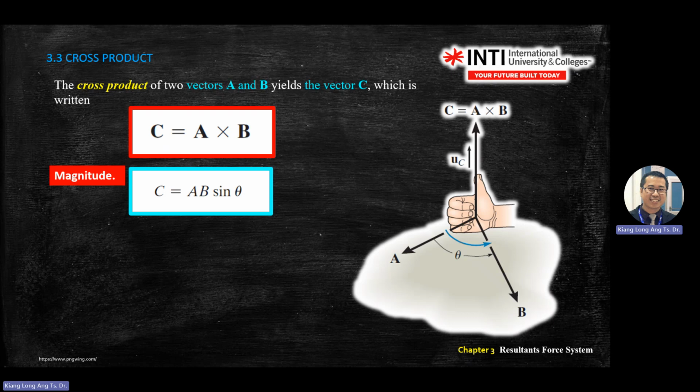For example, the one you see on the screen here, this is B, this is A, with the angle theta. You want to combine these two with the angle, and it will generate one more axis, called C. In this case, follow your right hand rules. It will be anti-clockwise if you view from the top.